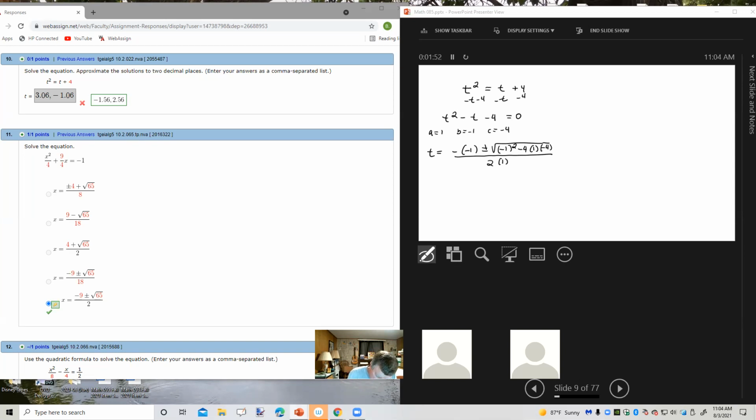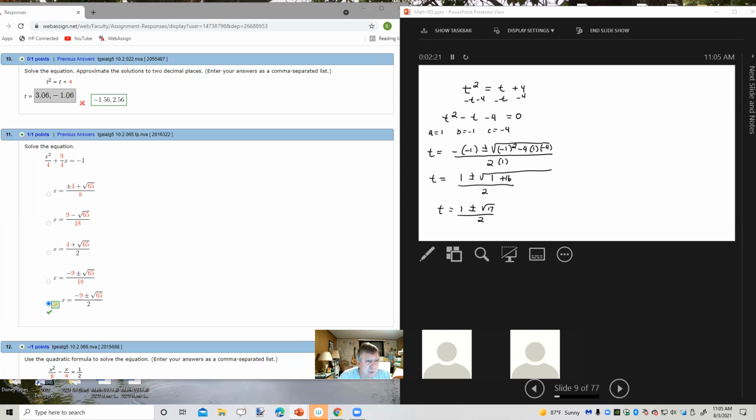Okay, so t equals negative times negative is a positive 1, plus or minus the square root of -1, the quantity squared, is a positive 1. And then minus 4 times 1 times minus 4 would be plus 16, all over 2. So t equals 1 plus or minus the square root of 17 all over 2.